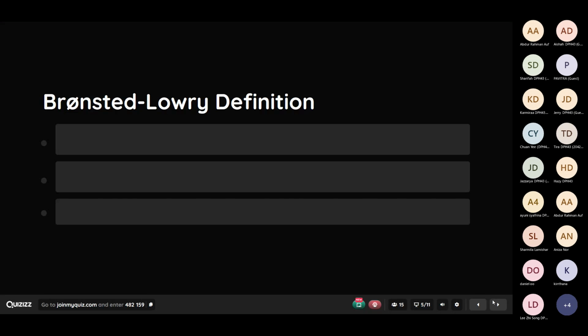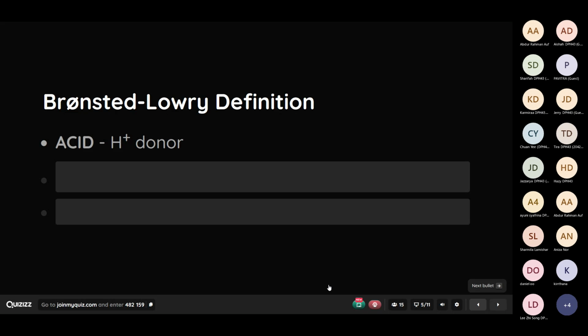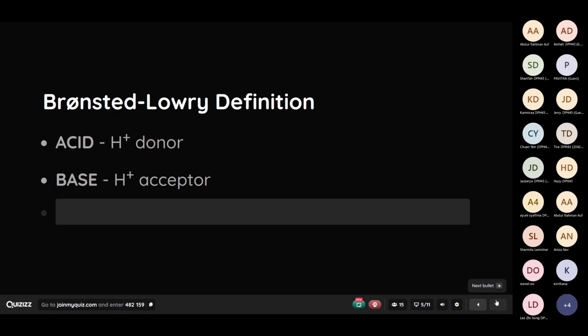Now we move on to the Bronsted and Lowry definition. An acid is a substance that donates H+. A base is a substance that accepts H+.